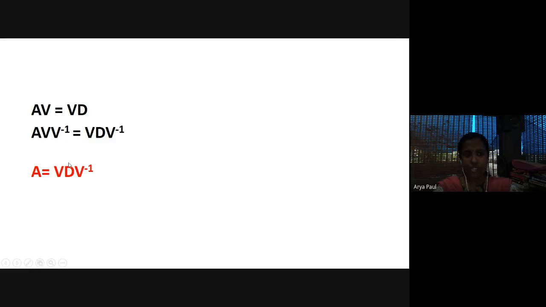So what is the final answer? You can represent matrix A by means of its eigenvectors V and eigenvalues D. So you can find A as V into D into V inverse.